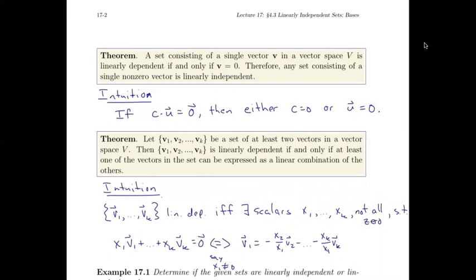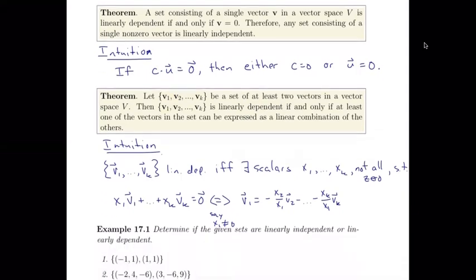So the second theorem is we let v1 through vk be a set of at least 2 vectors in a vector space V. So maybe it's just v1, v2, but there are at least 2 vectors in this set. And then this general set v1 to vk of at least 2 vectors is linearly dependent if and only if at least one of the vectors in the set can be expressed as a linear combination of the others.